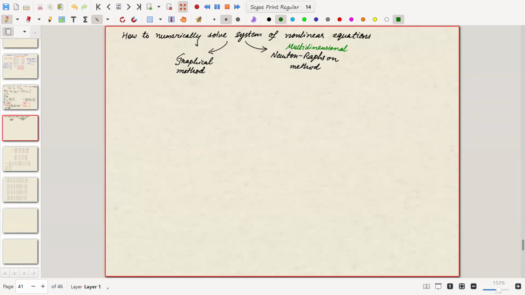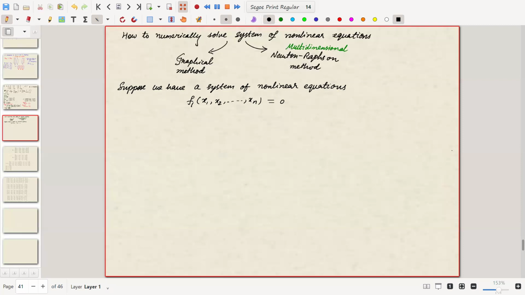Anyway, suppose, let us build up the problem here. Suppose we have a system of nonlinear equations, f1, suppose it has n variables. So how many equations should I write? If there are n variables and you want to compute those n variables, how many equations should you have?